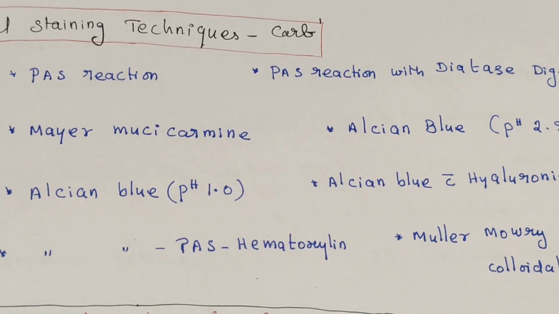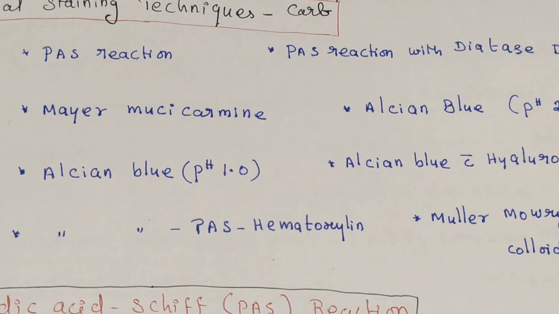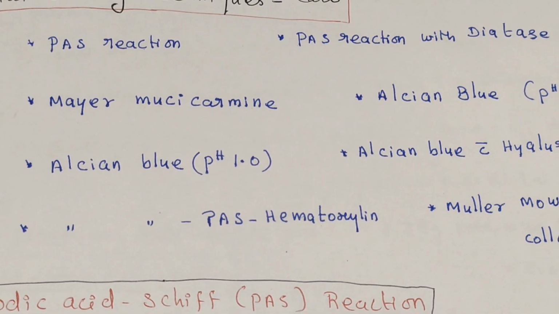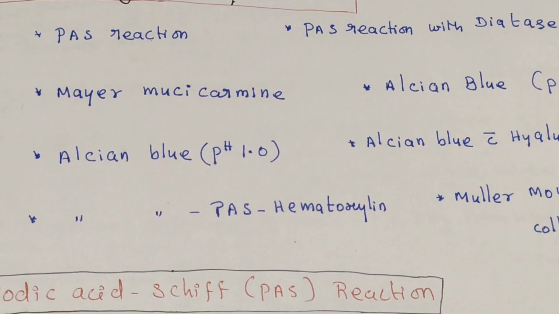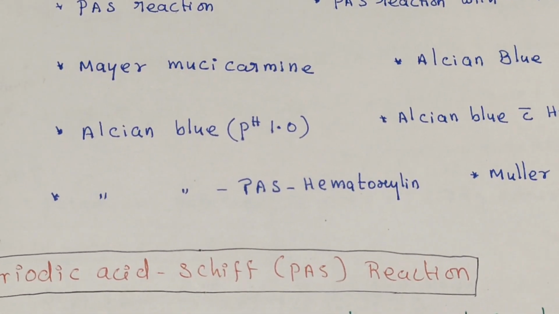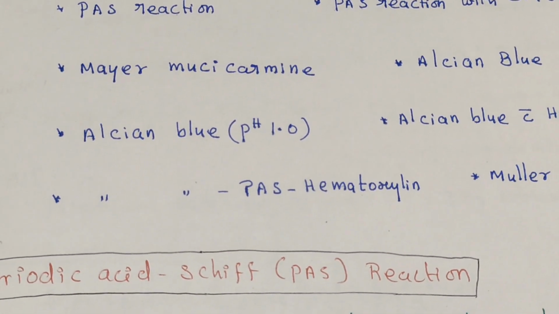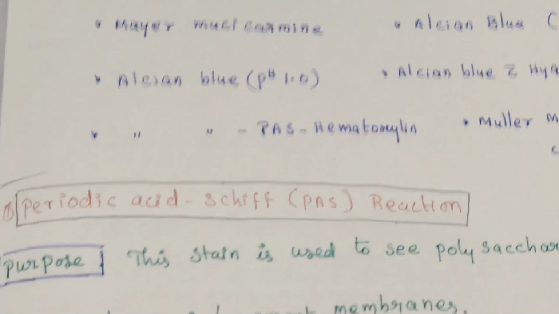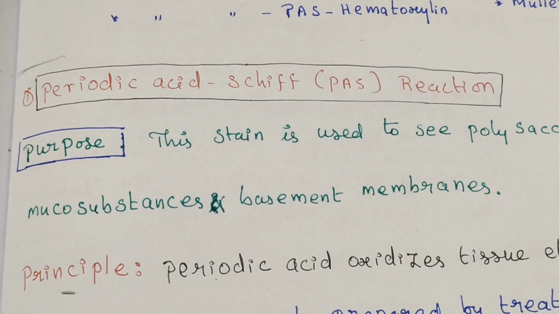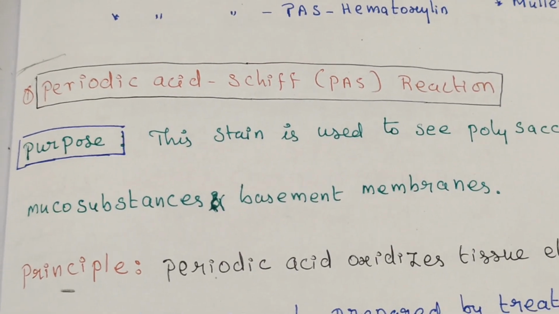So by using these special stains, we will know the purpose of the stain, the principle of the stain, what fixative we are using, the section thickness of the tissue, and all the things we will discuss one by one. So first one is PAS, periodic acid Schiff reaction.